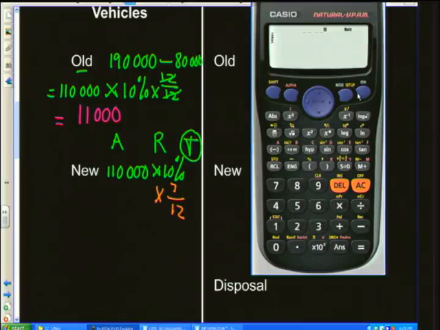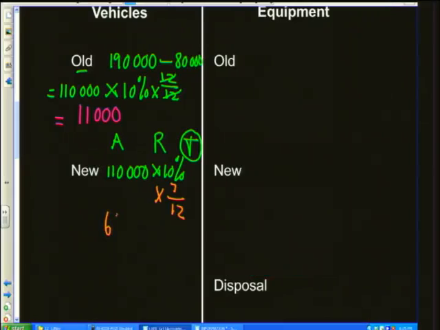So we're taking 110,000, which is our cost price, times that by the rate, which is 10%, times 7 divided by 12, and that should give us an amount of 6,416. I'm going to round up to the nearest rand, so that should be 6,417.